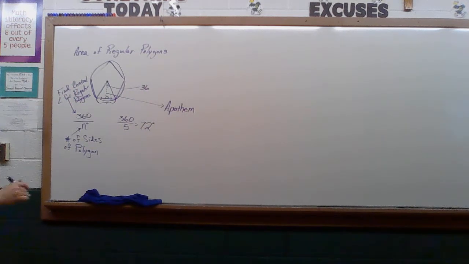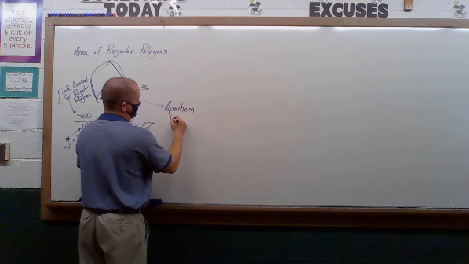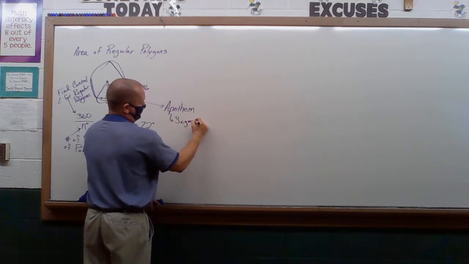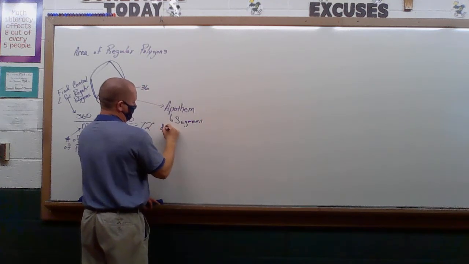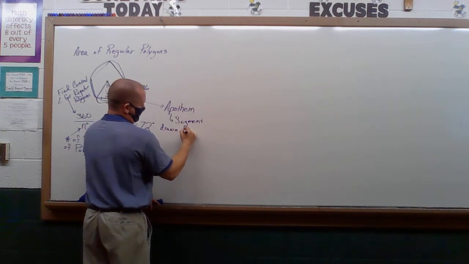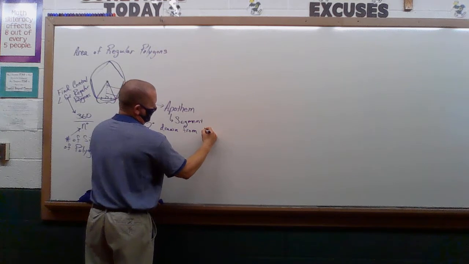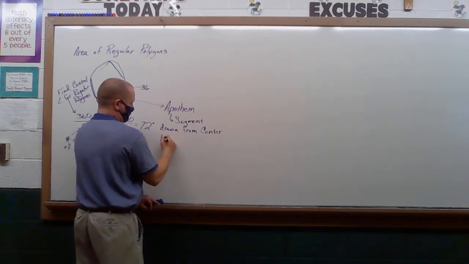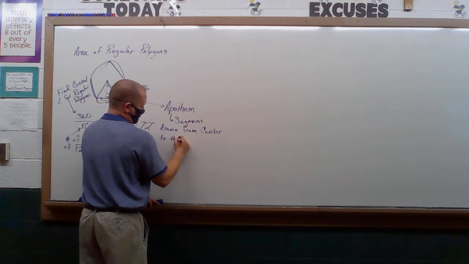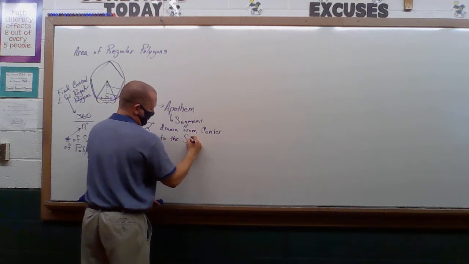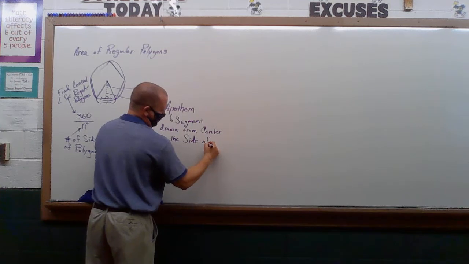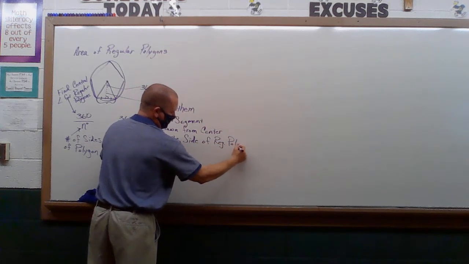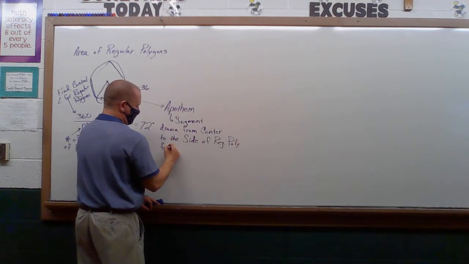So the apothem would be, if you wanted a straight definition, a segment drawn from the center to the side of a regular polygon forming a 90-degree angle.